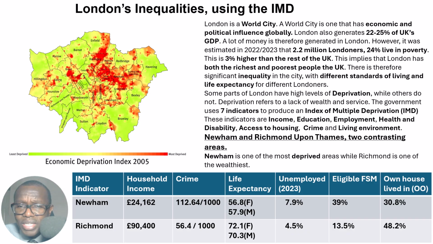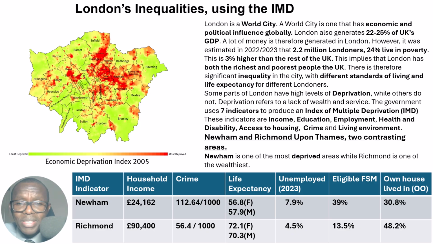Now, having said that, however, it was estimated between 2022 and 2023 that 2.2 million Londoners, 24%, live in poverty. Now this is 3% higher than the rest of the UK, because the rest of the UK is at 21%.